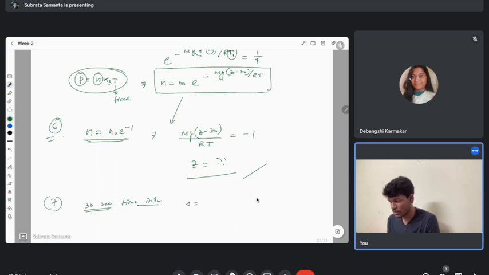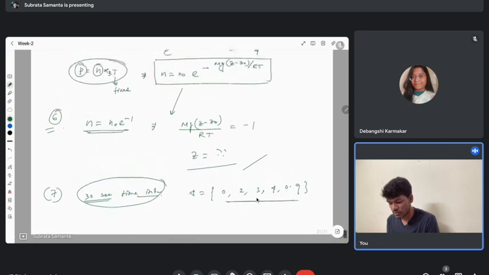For 30-second time intervals, the values of delta are given as a set of five values, like 0.3, 0.4, 0.9, this kind of values.